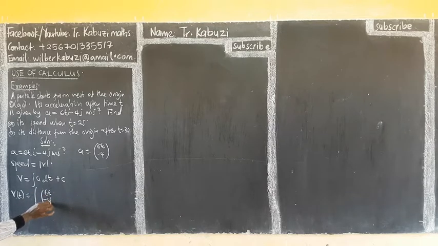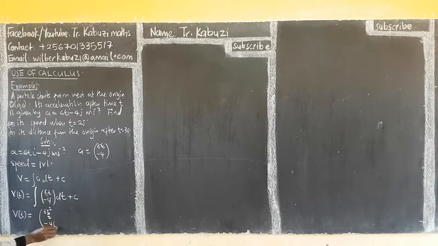Let me put this one: the integral of 6t minus 4 dt. Of course, you shall get a constant of integration. Then, for 6t, you increase the power by 1 divided by the new power. So our velocity at any time t is going to be 6t squared over 2, then negative 4t, then plus c.